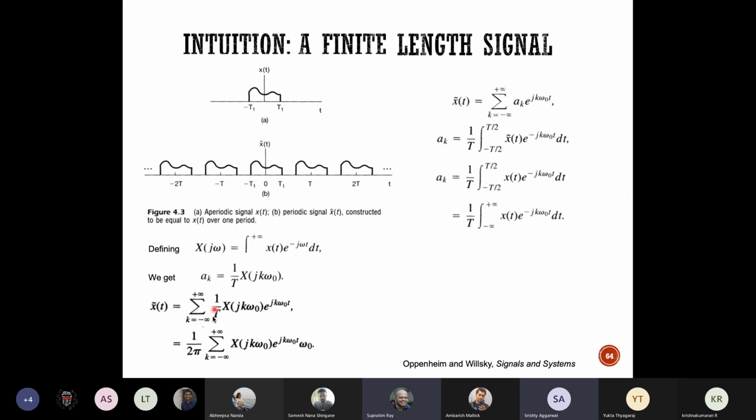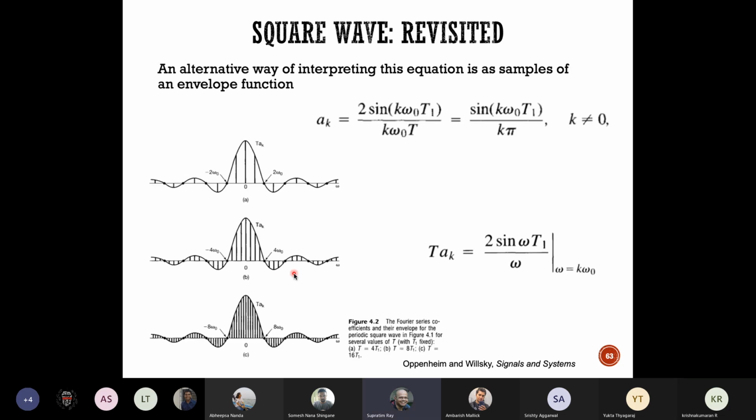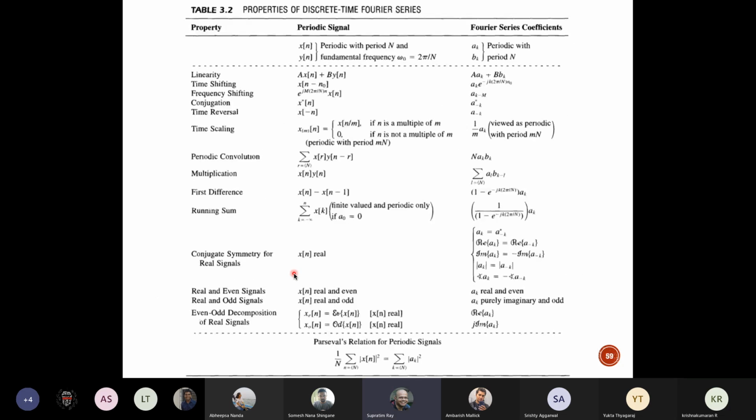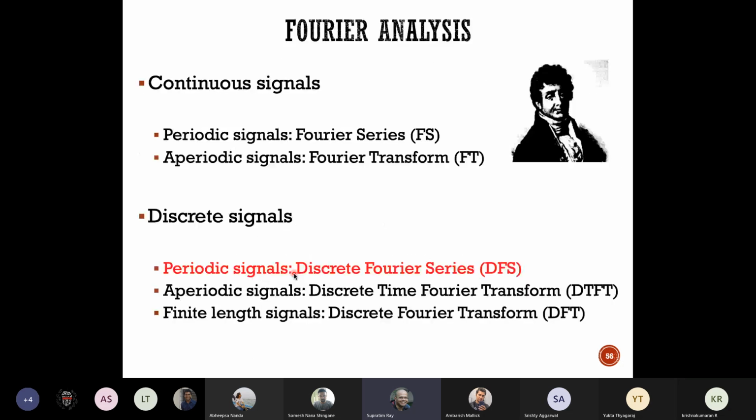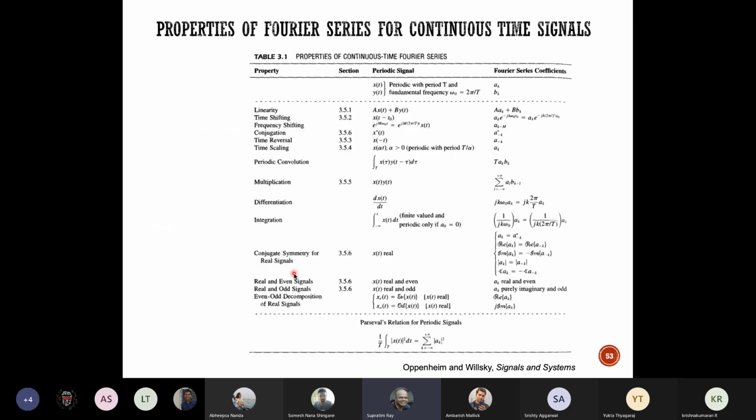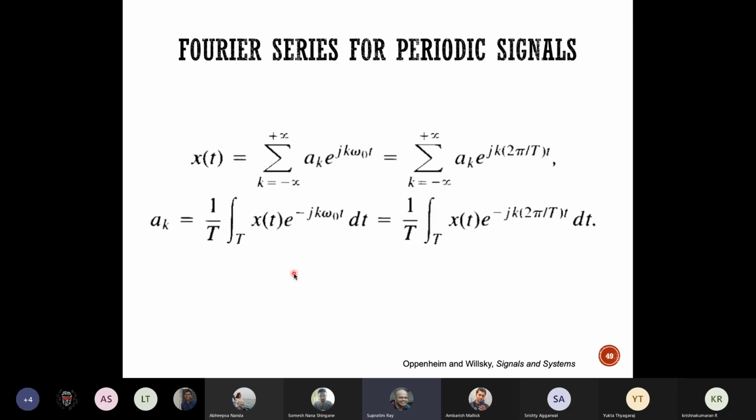So what I am doing here is going back to my Fourier, there's no discrete here. So this is all Fourier series. So I'm going back to this. If it's a periodic signal, I can represent it as a sum of an infinite number of complex exponentials with frequencies that are multiples of the fundamental frequency.